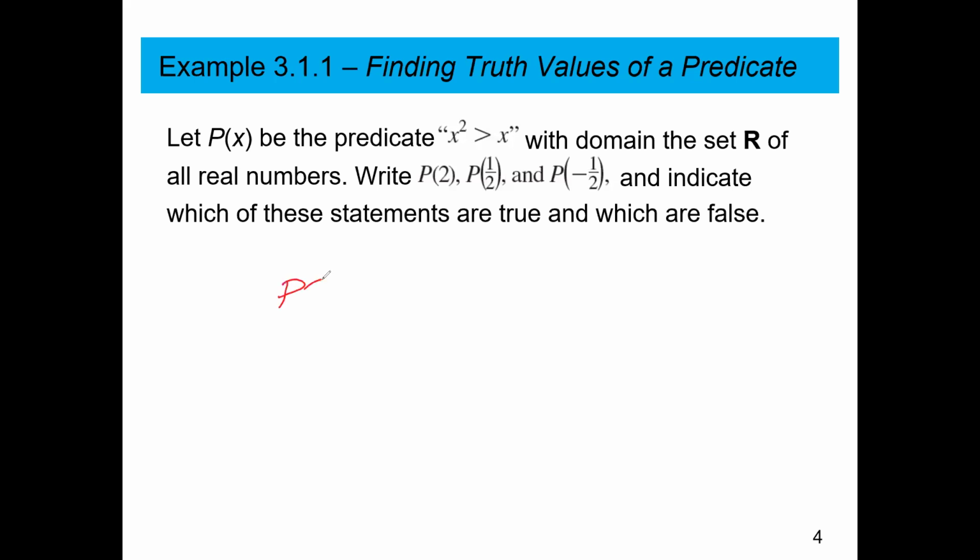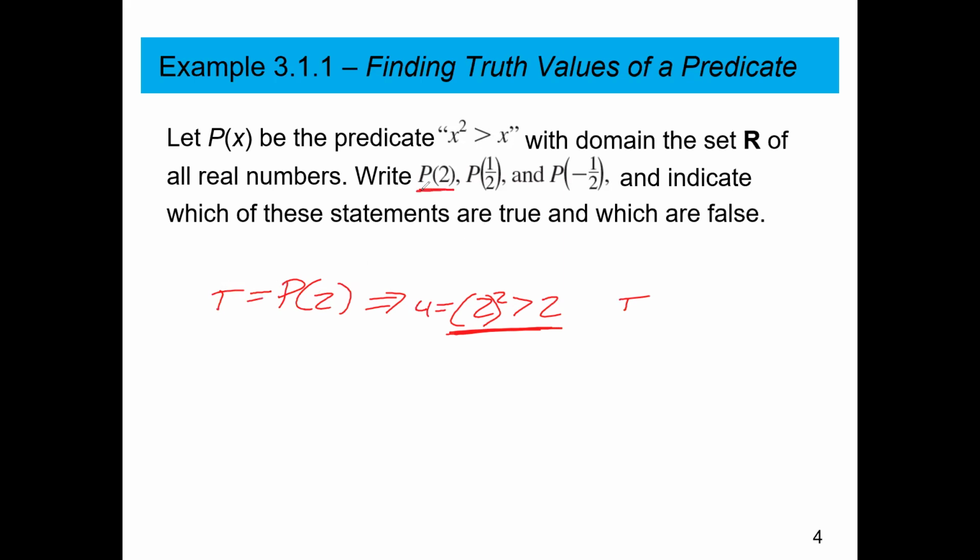Well, P of 2 is really saying that 2 squared is bigger than 2. And the question is, is this true or false? Well, obviously this is 4, that's bigger than 2, so this is true, which means P of 2 is true.